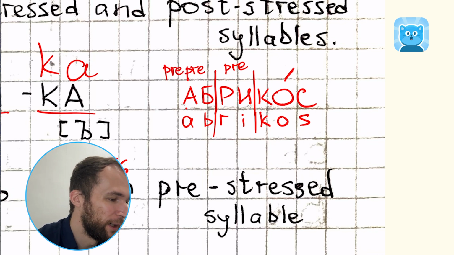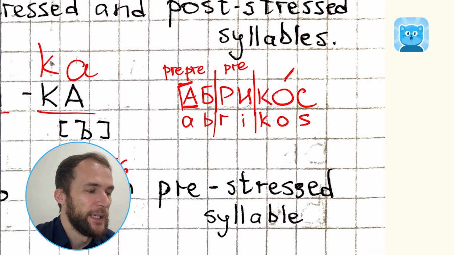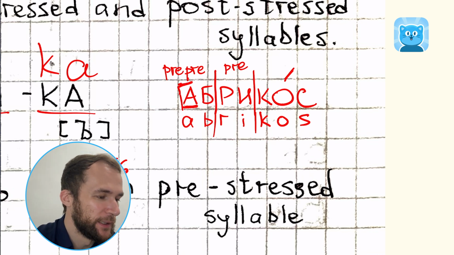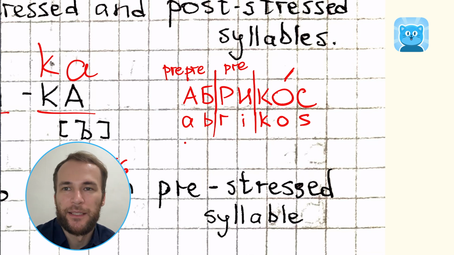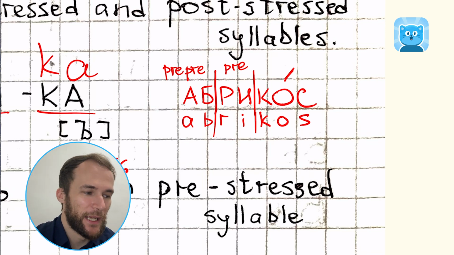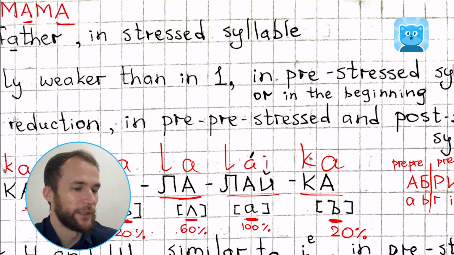But you see how a is right at the beginning of the word. That means that even though it's in the pre-stressed position, it's not super low energy. It's actually 60%. So this is why I wrote it down here.